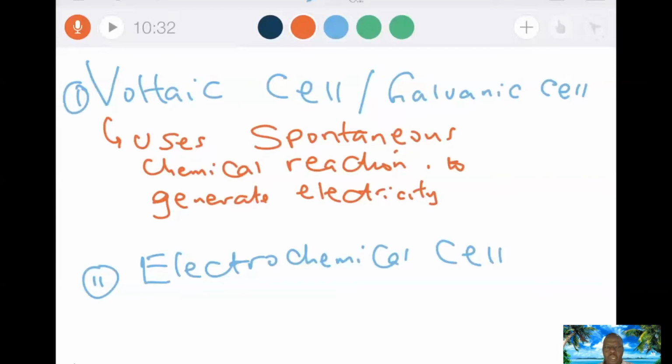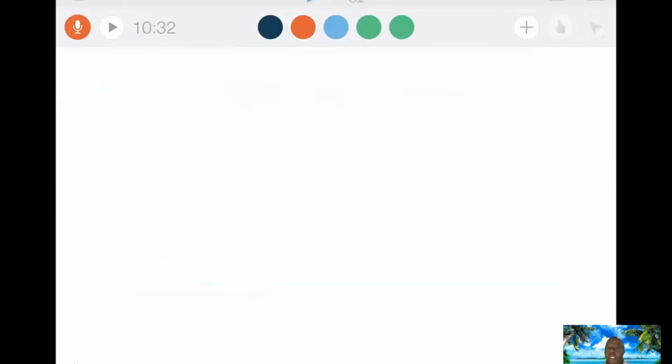All right. Now, in voltaic cell, we can split it into two. You should be able to draw the voltaic cell, or galvanic cell.